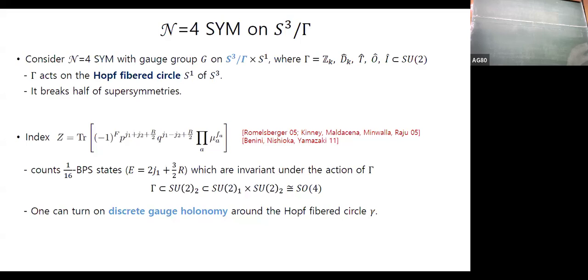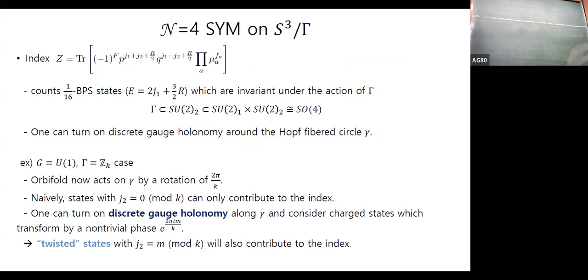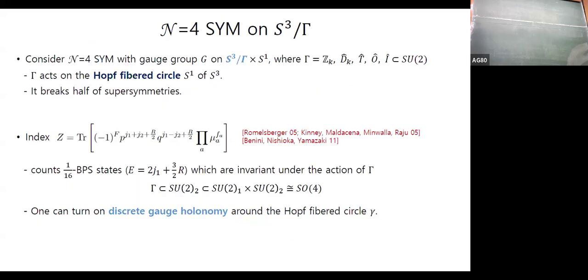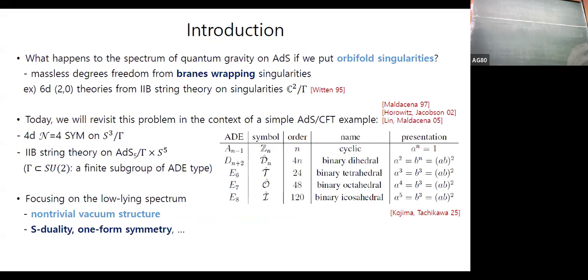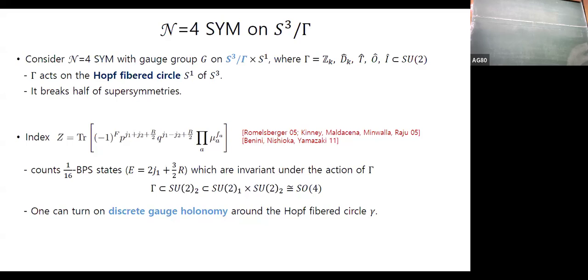So today we're going to study in this setting. Maybe you can back up for a moment. You're modding out by some subgroup of the rotation: SU(2), an ADE type. SU(2) sits inside SO(4), that's SU(2) times SU(2), and it is one of the two, not the diagonal one.